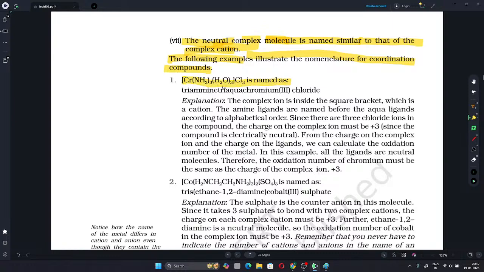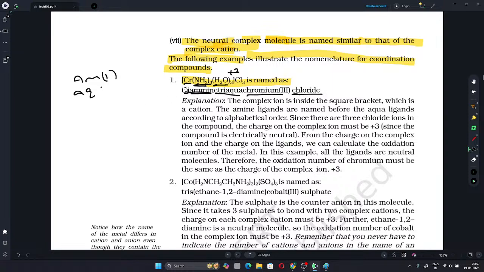This complex has chromium as the central metal ion, and the complex has a +3 charge, so we call it chromium. Based on NH3 we call it ammine, and water we call it aqua. Ammine is first alphabetically, and since there are 3 ammine, triammine, triaqua, chromium chloride.